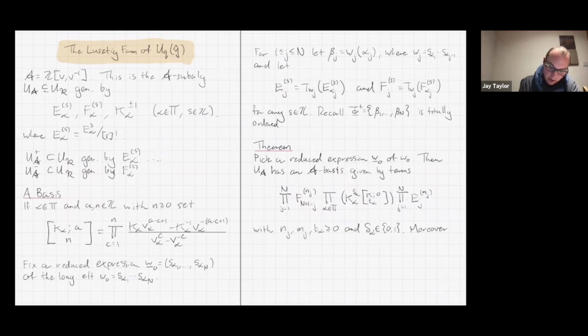And let's just say that UA plus is spanned over A by the terms of the form of the E_j terms, and UA minus is spanned by these terms.